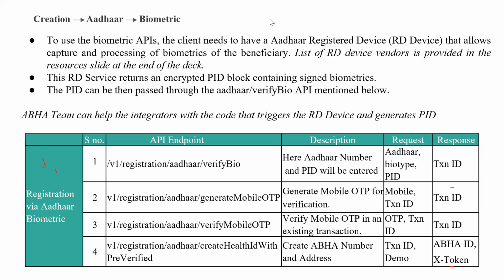The next two steps, as Aditya suggested, are just to communicate through the mobile number, to verify your mobile number. Then the third step, while pre-verified, will create the Abha address and the Abha number, and we'll pass the X token in response.